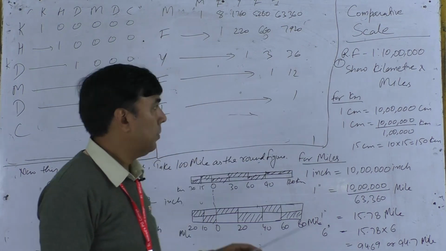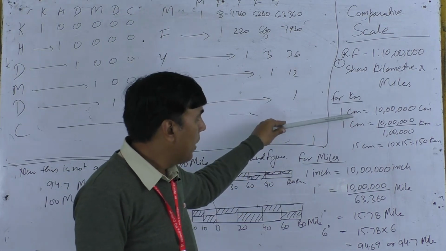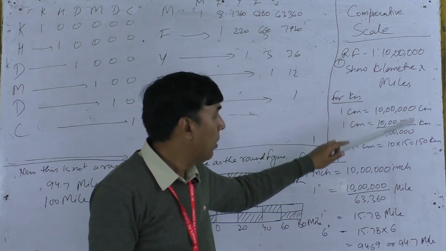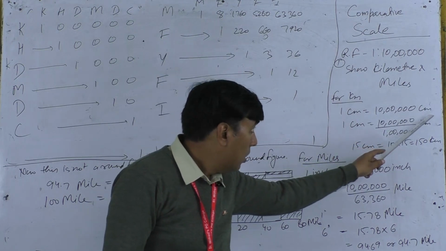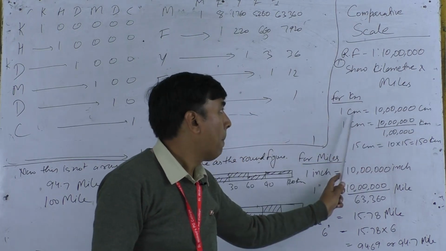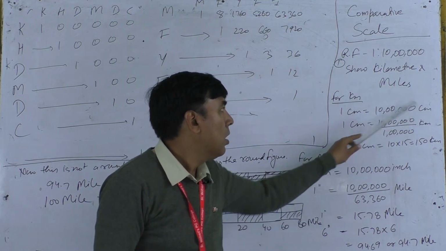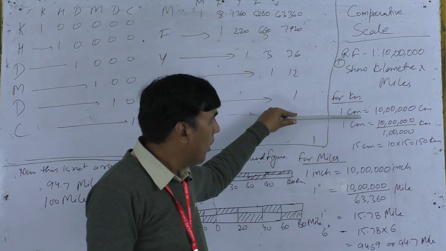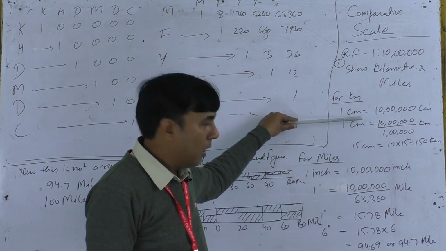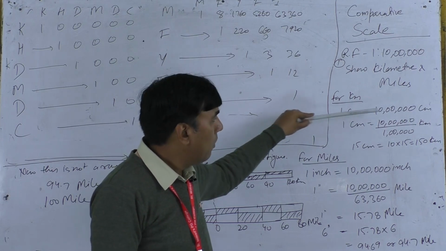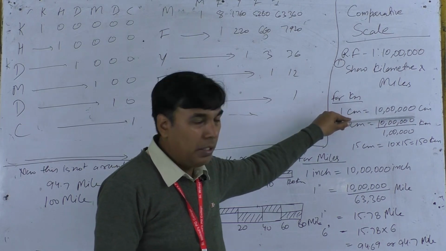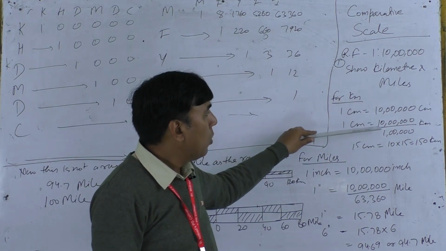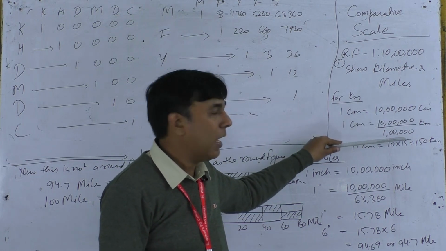For kilometer, 1 centimeter is equal to 10 lakh centimeter, because you are seeing that on both sides we are using the same unit. Okay, so if we draw a 1 centimeter line on the paper, it will show 10 lakh centimeter distance on the ground. So 1 centimeter is equal to 10 lakh divided by 1 lakh.